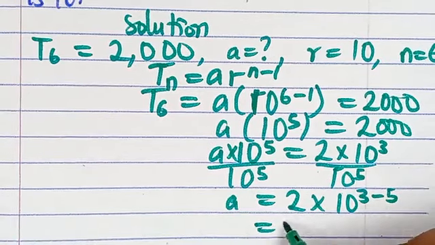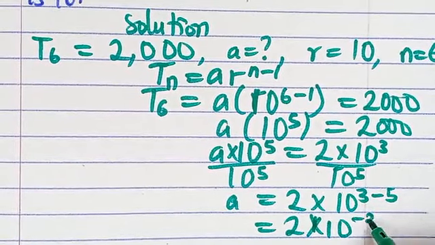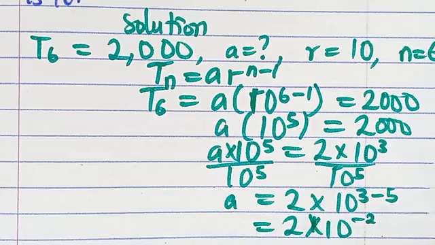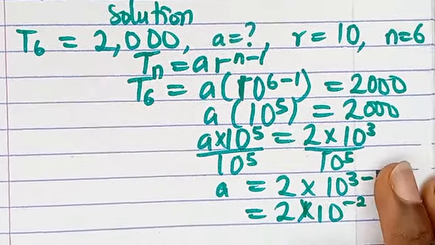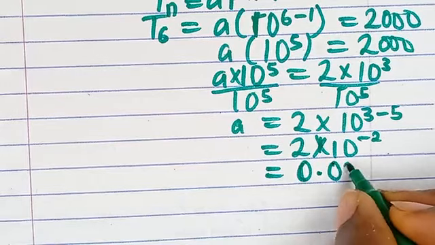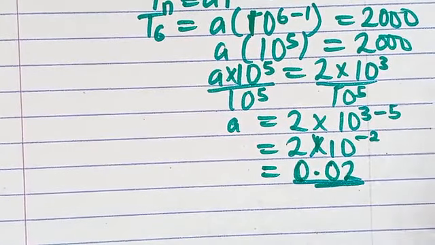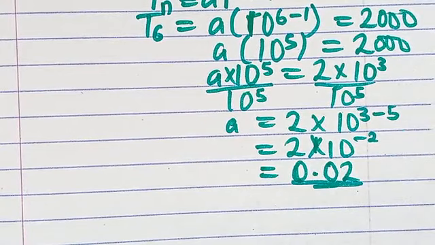So we have A is equal to 2 times 10 raised to power 3 minus 5, which is minus 2. So we could have that the first term is equal to 2 times 10 raised to power minus 2. Or when we give that in numbers, it is equal to 0.02, because that's just it, 2 zeros before the significant term. So we have found the first term of this GP.